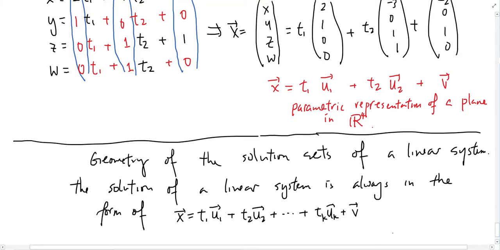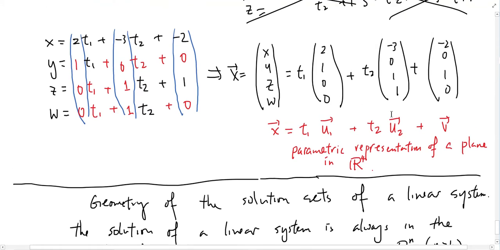Okay? We assume that this solution will be in some kind of Rn. And to be proper, n must be greater than or equal to k. So in this example right here, this is definitely in the form in R4.